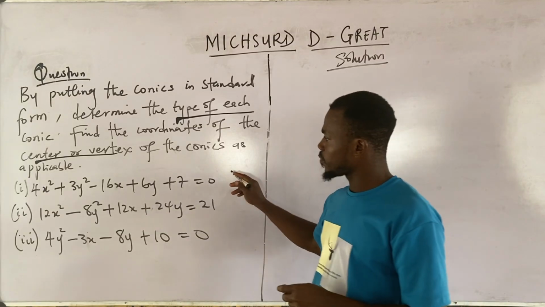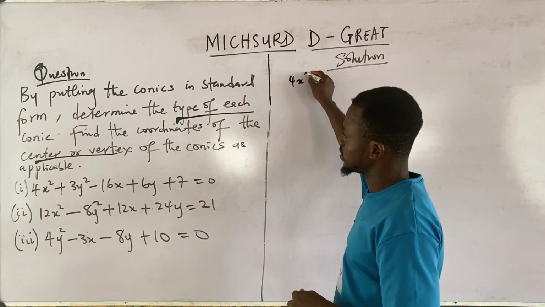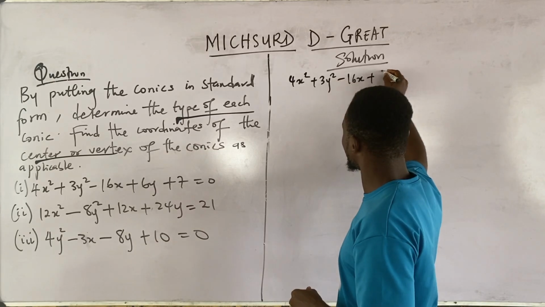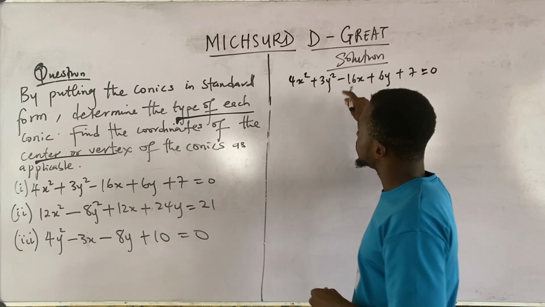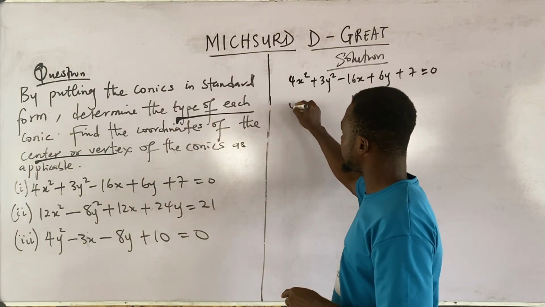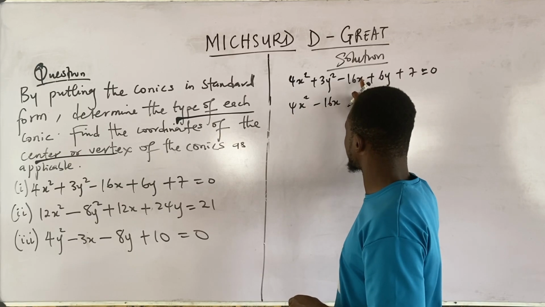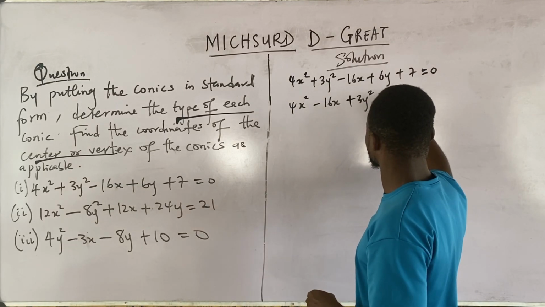So here we look at the first question. We have 4x squared plus 3y squared minus 16x plus 6y plus 7 equal to 0. Now we are going to do a little mathematics, grouping all the x terms together. So we have 4x squared minus 16x, then plus 3y squared, then plus 6y.